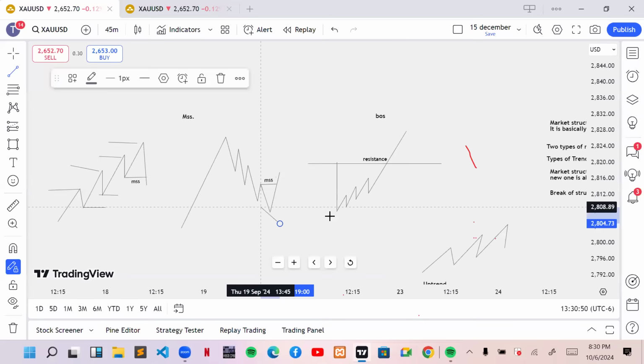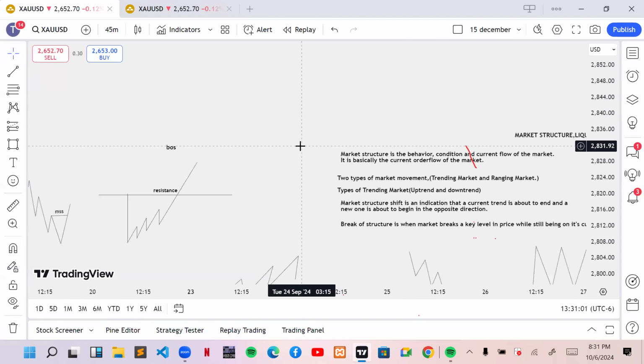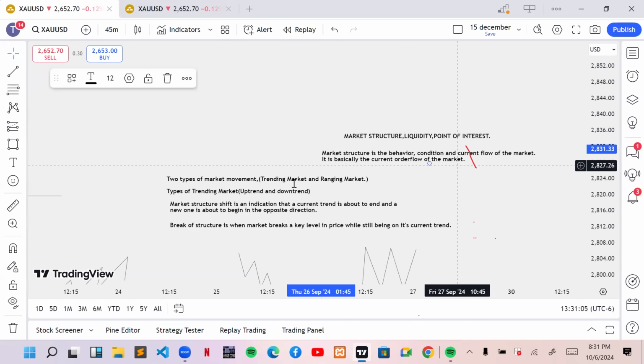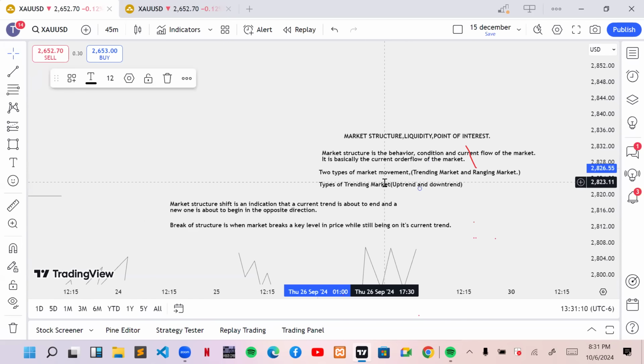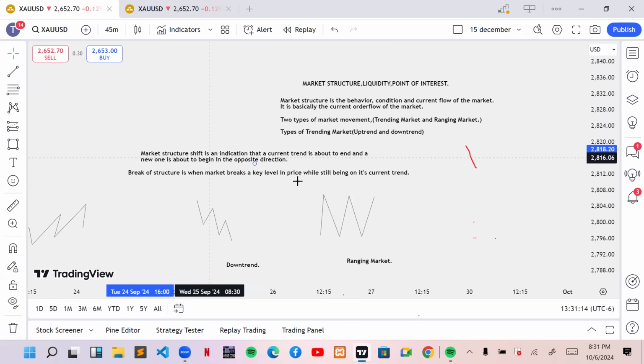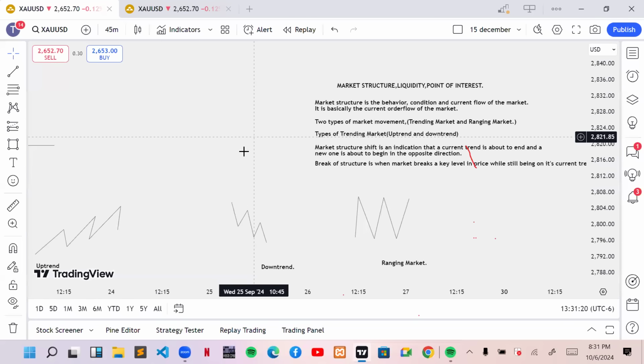So this is the break of structure for an upside, and then this one should be a break of structure for the downside. So this is the break of structure for the market being on an uptrend.